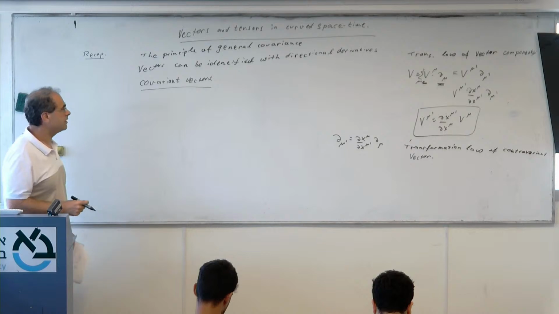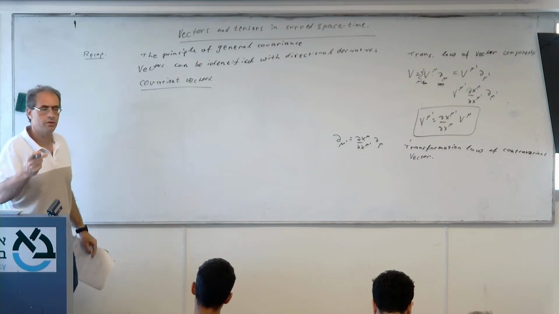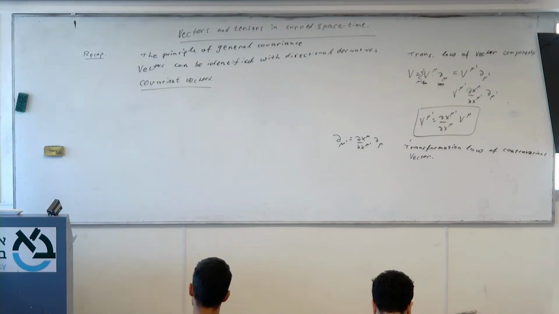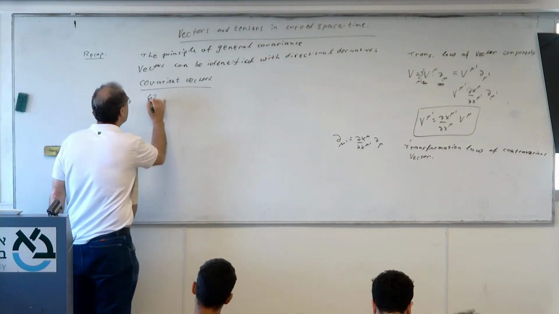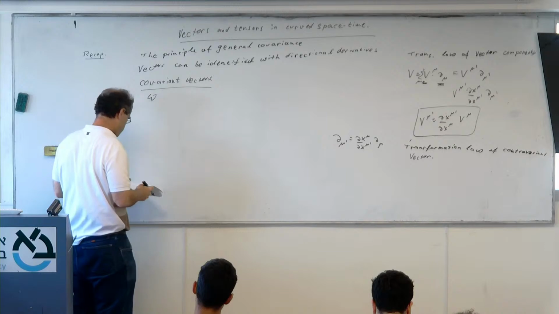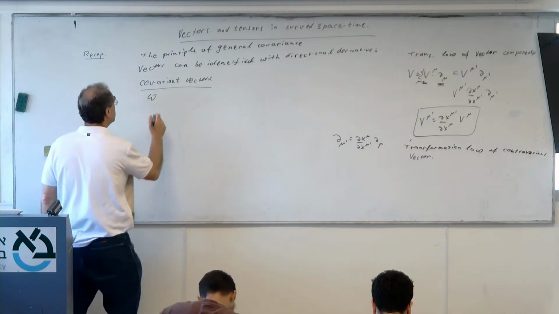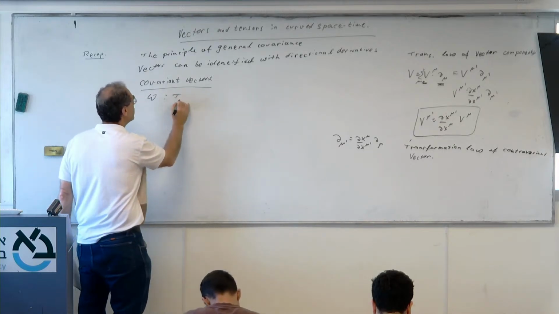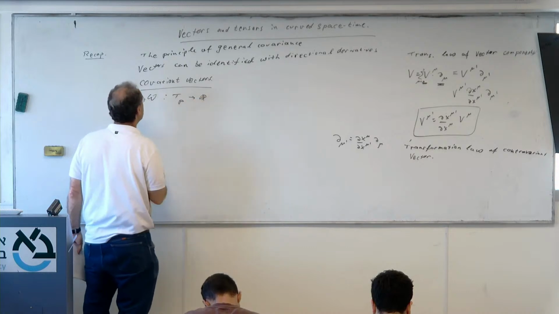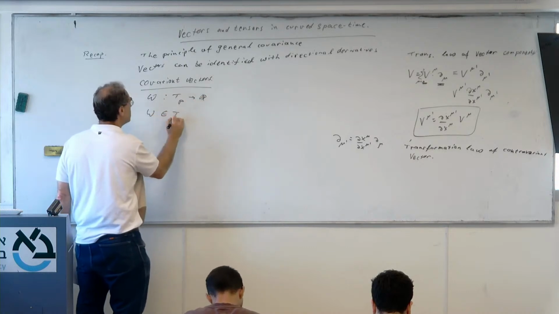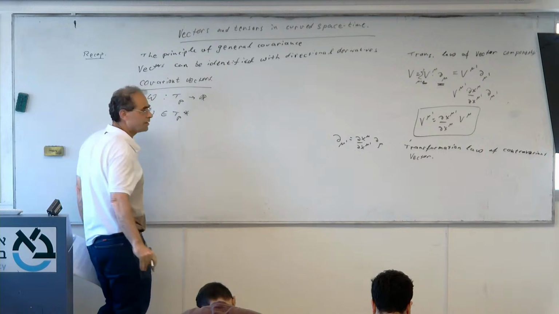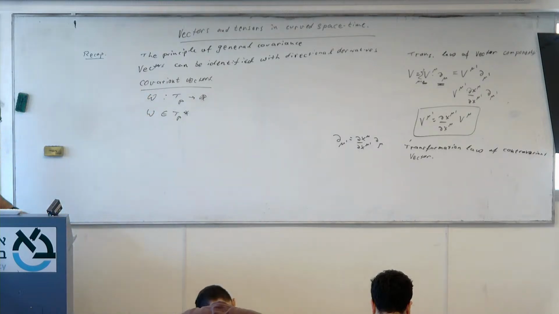Essentially, we're basically repeating the same thing we did for the flat space. We said a covariant vector omega is a linear map from TP to R. Omega belongs to the cotangent space, TP star.